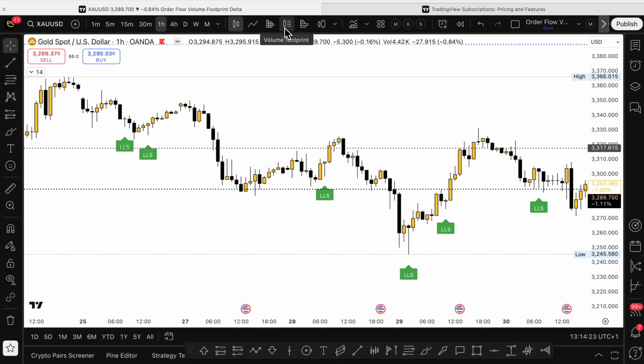They may be using a session volume profile, a TPO time price opportunity, a level 2. There could be a number of different tools they are using, but they are seeing more information than the typical MetaTrader or TradingView or CTrader naked chart shows you.